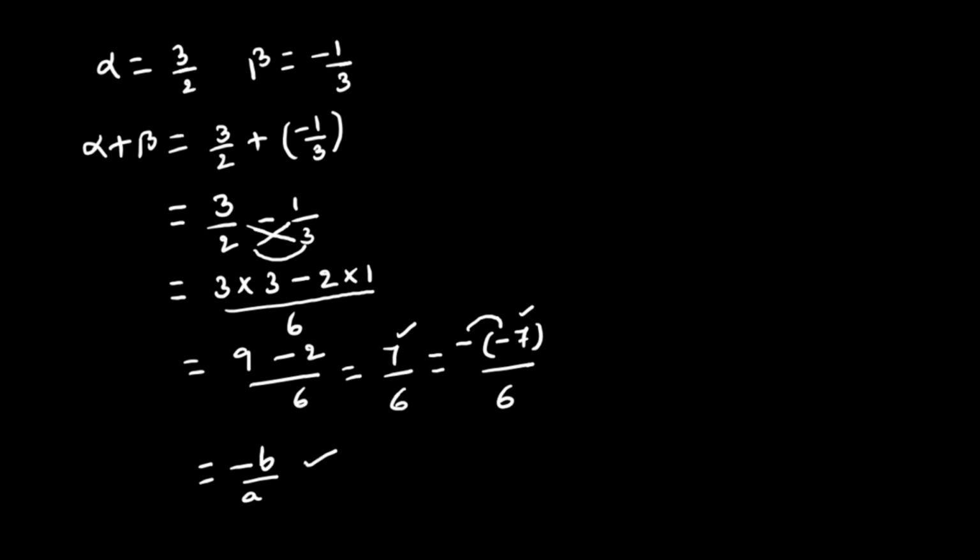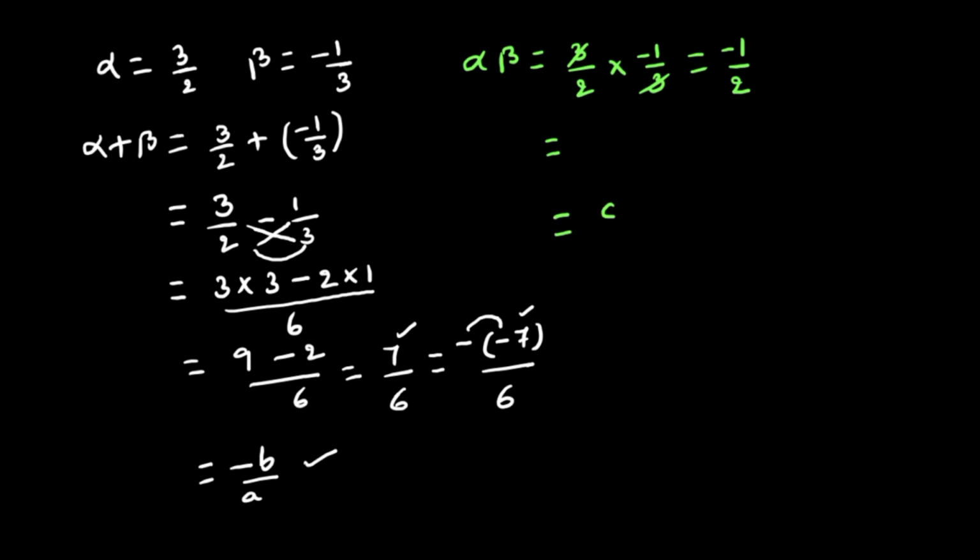Now what is alpha into beta? Alpha is 3 by 2 and beta is minus 1 by 3. So the 3s get cancelled, so we have minus 1 by 2. So how do we write alpha into beta?